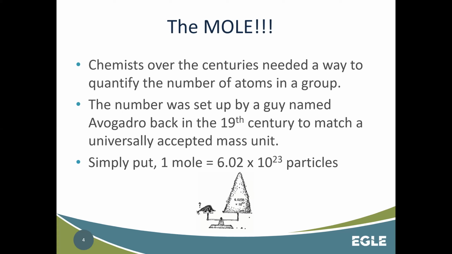It's kind of like the number pi, right? 3.14. Avogadro's number became a universally accepted number of atoms that would then lend itself to a mass unit, okay? And it's 1 mole. The mole is not the mole in your front yard like I was talking about. We're referencing 1 mole as representing a number of particles, okay?